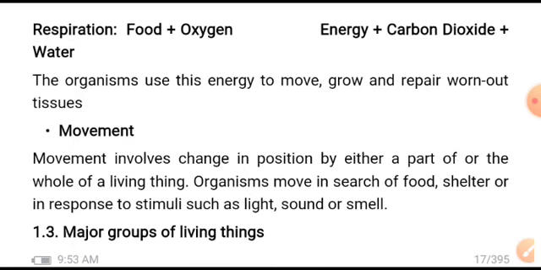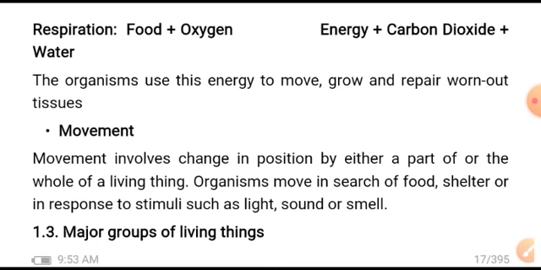So movement is a process that occurs in living beings, where they move from one place to another, either by part or by the whole body. This system is used by living organisms when they are looking for food and when they are escaping from stimuli that are not good, like sunlight, sounds or smell.